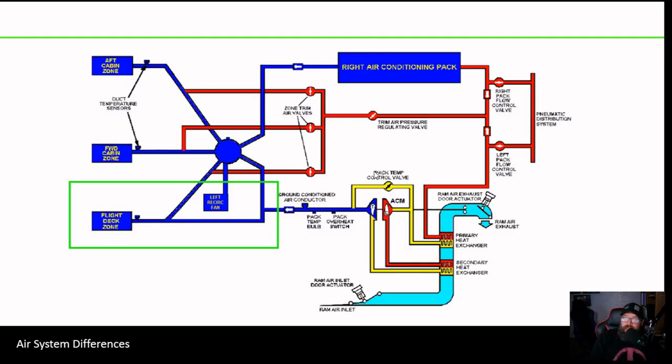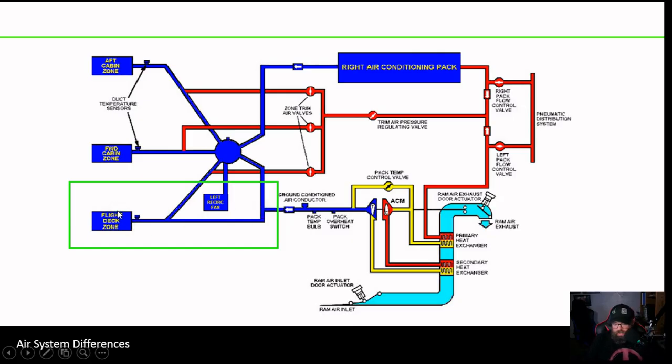Now, the part that I have highlighted there, right? So I got a left recirc fan, a flight deck zone. The reason those are highlighted is because this line right here does not exist on the 7.6. This is a direct line from the left pack straight to the flight deck.